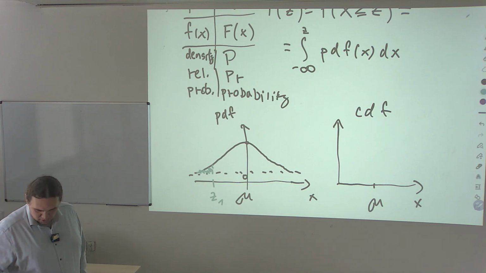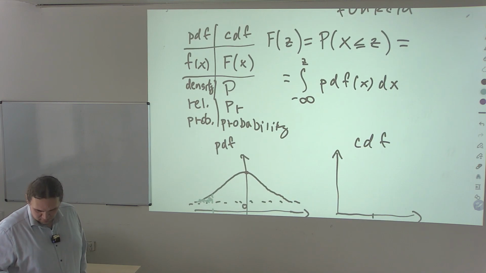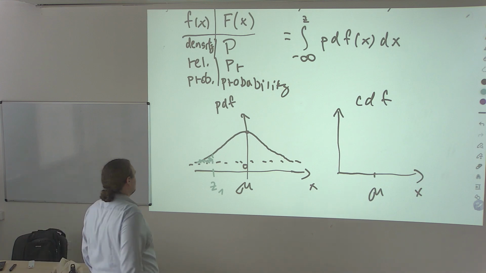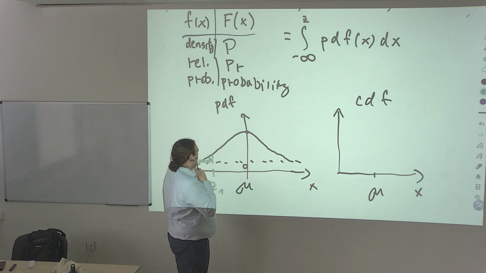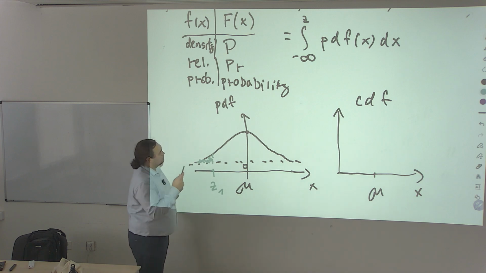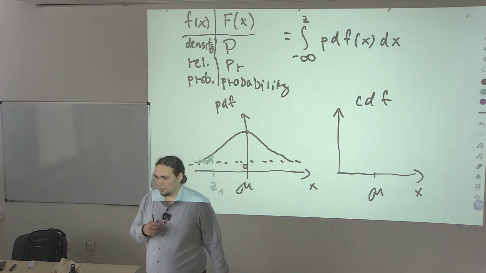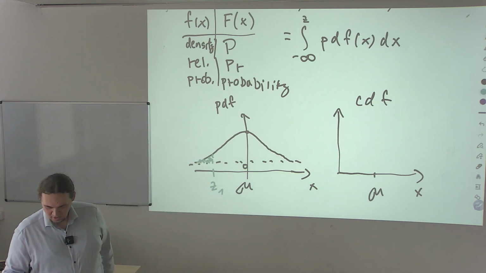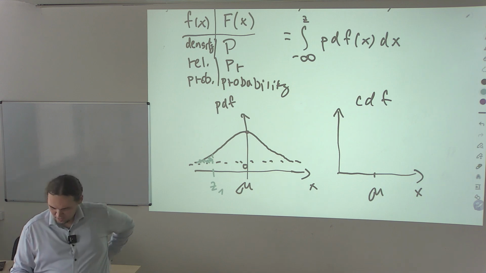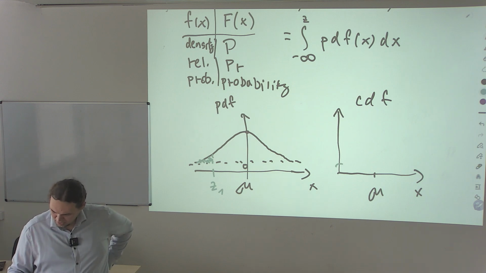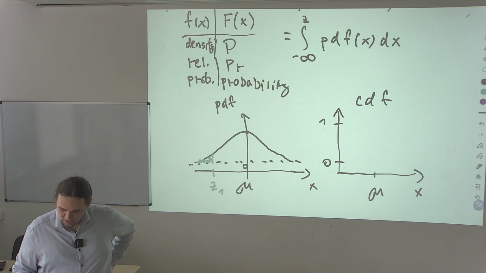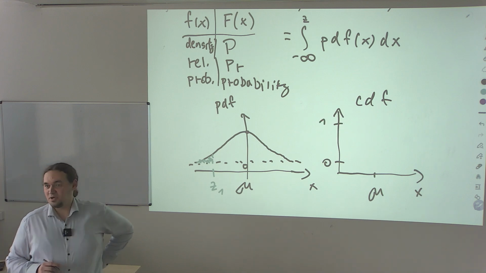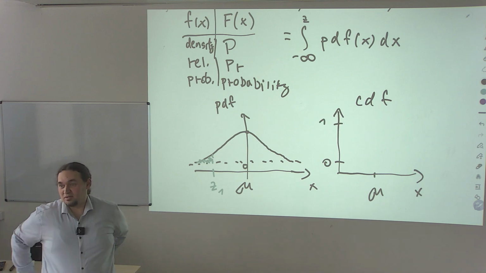Good. So let's try to draw this CDF, maybe point by point. If this is the probability, then of course we should expect that the CDF will be 0 at some point and 1 at the other.